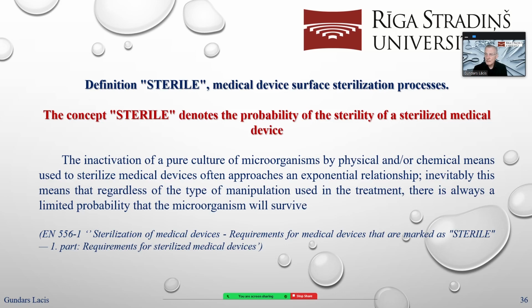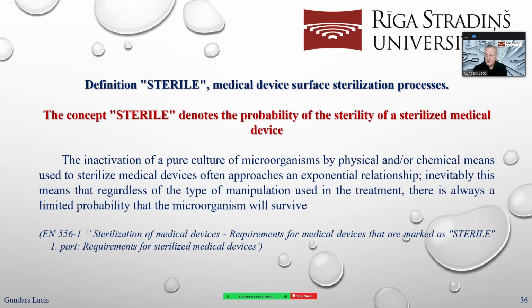Definition: sterile and sterilization processes. The concept sterile denotes the probability of the sterility of a sterilized medical device. Only a probability. As you can see in the European norm, it's just a probability.